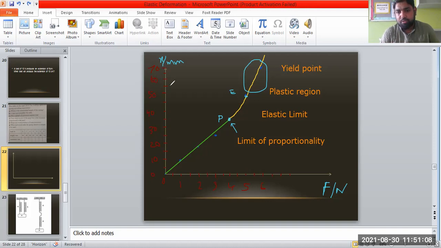There is an end point after which that object breaks down, and that's known as the yield point of the object. ठीक है जी. So I hope you have plotted the graph; if not, please plot it. और ये मैंने जो पॉइंट है ये 3 न्यूटन पर, मैंने जो कि इसको रफली प्लॉट किया, तो ये 3 न्यूटन वाला पॉइंट भी ऑलमोस्ट उसी स्ट्रेट लाइन पर आएगा. So first is a straight line and then you have a curve part.